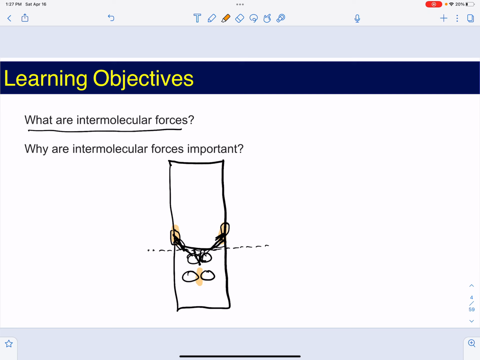It's like having a trampoline where you jump on it and it can hold you without breaking because the forces keeping the trampoline together are very strong. And imagine that happening between molecules, and that's what we call intermolecular forces. And that's what's so important that we understand intermolecular forces.